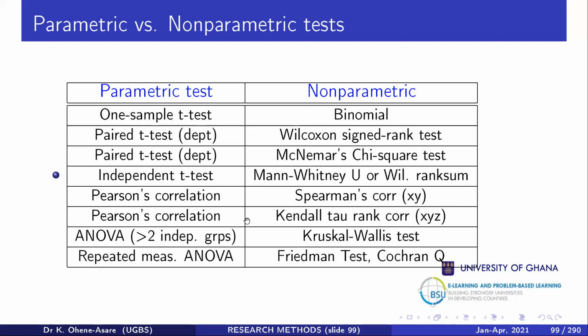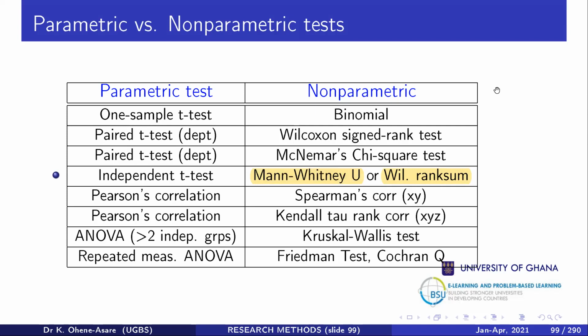We want to look at a non-parametric test, which we are calling the Wilcoxon rank sum test, or sometimes it's known as the Wilcoxon Mann-Whitney U test. So you have the Mann-Whitney U test, and that is what we're looking at.